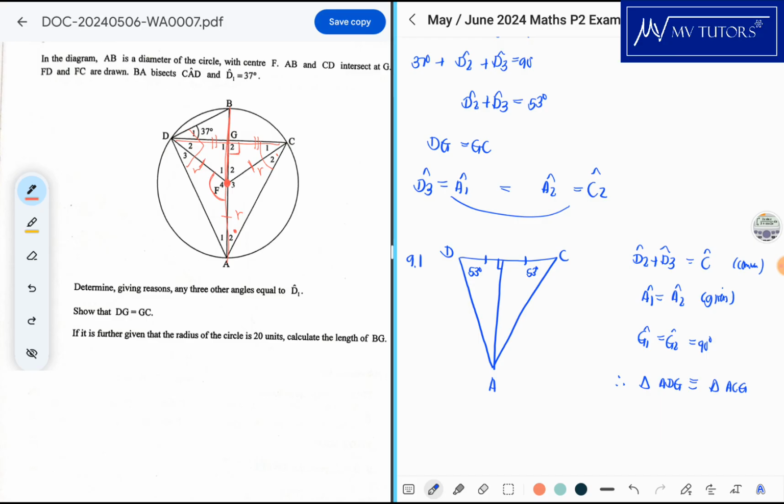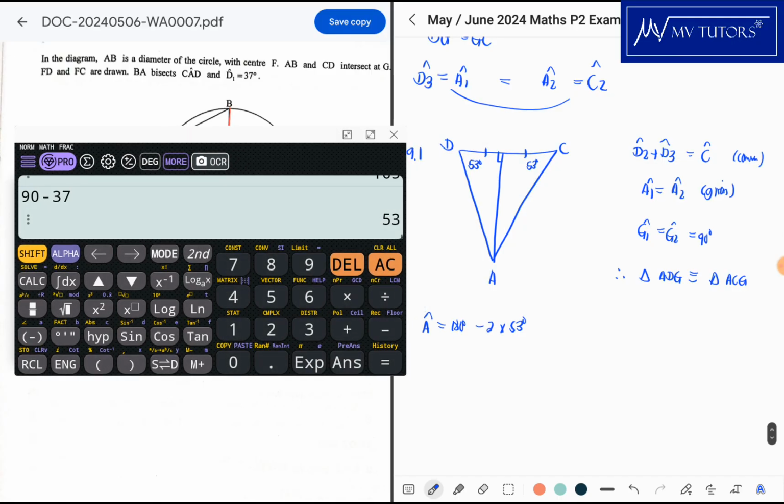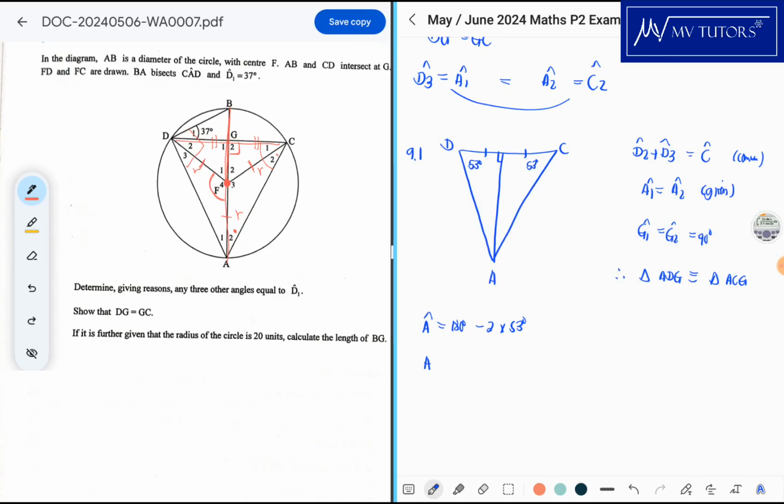Now, what would A be if I'm looking at ADC? A would be 180 minus 2 times 53. What is 180 minus 2 times 53? That is 74. So basically A is 74 degrees.